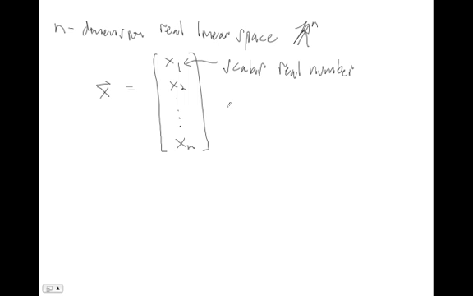So we need to talk about vectors in this space, Rn, and we want to talk about linear dependence of those vectors. So let's talk about what it means to be linearly independent.